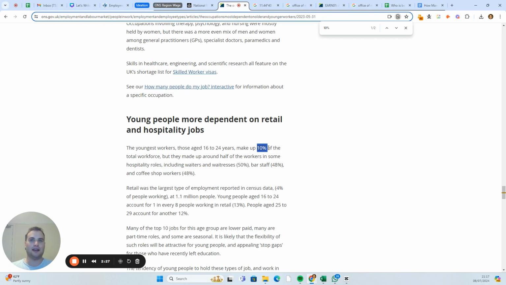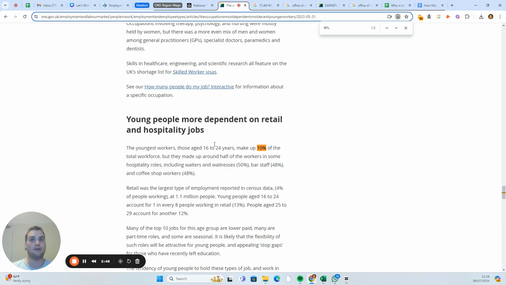So I'm assuming that that 10% is 16 to 21. I'm making a slight assumption there, but if anything, I'm being conservative, so I think that's okay.